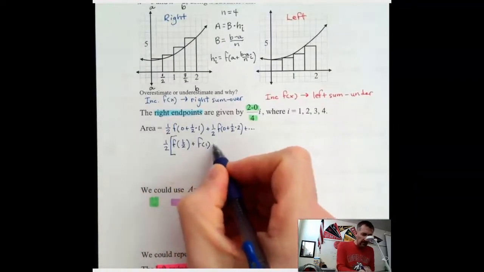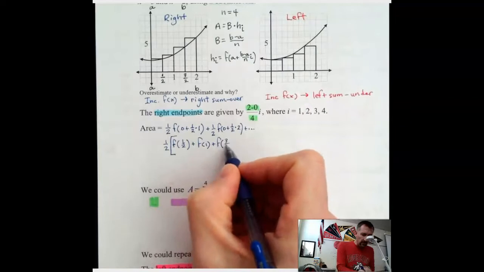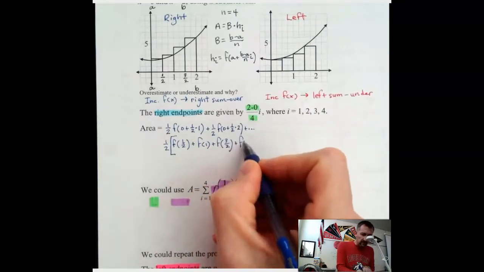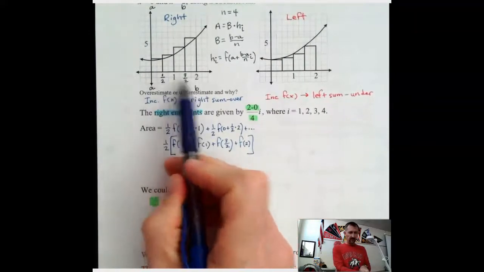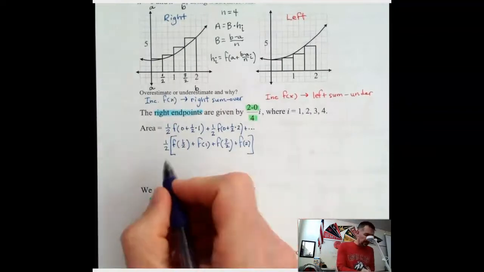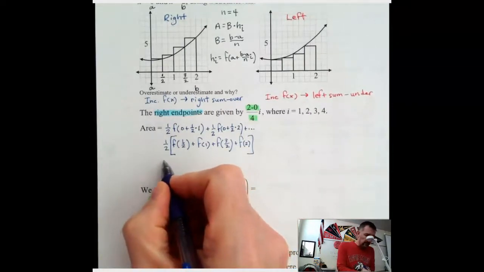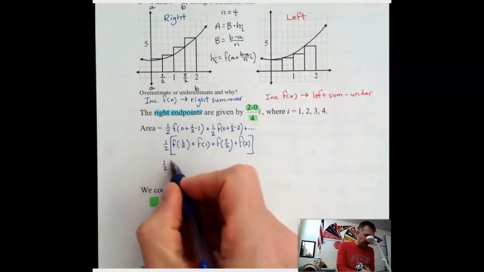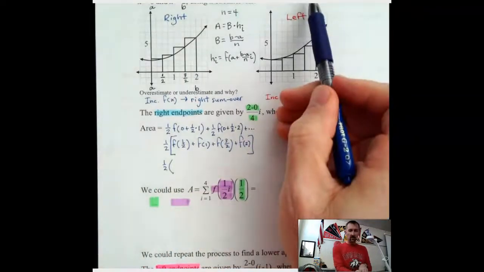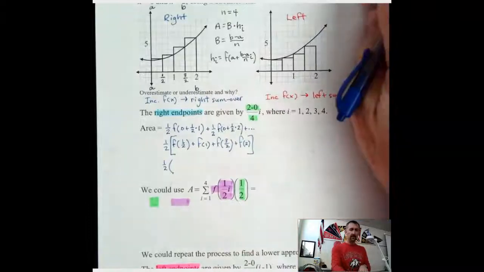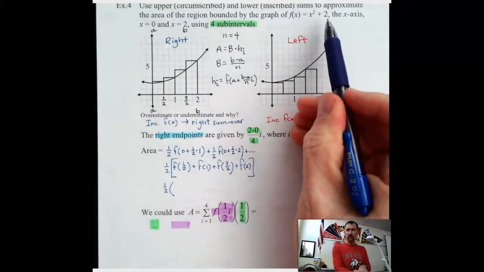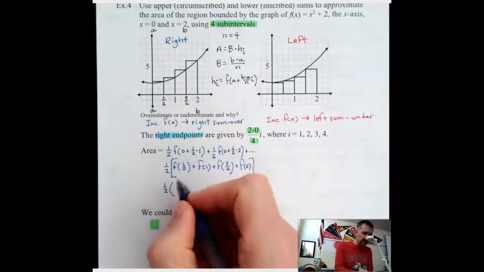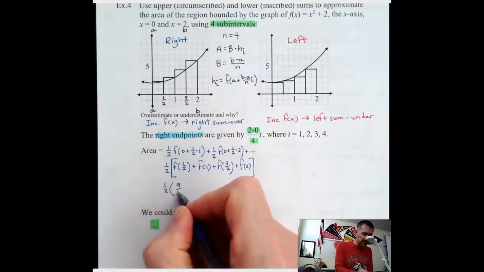So these are just the y values that we would get from plugging those 4 numbers in. If we plug in 1/2, 1/2 squared is 1/4. 1/4 plus 2, and 2 is 8/4, so 1/4 plus 8/4 is 9/4.